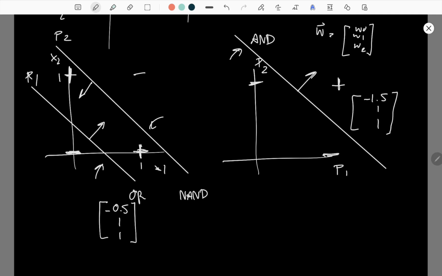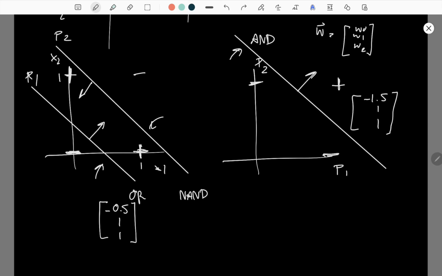Just only one of x1 or x2, one of these, can be summed with W0 and is greater than 0. This is the weight of the OR. This is the weight of the AND.